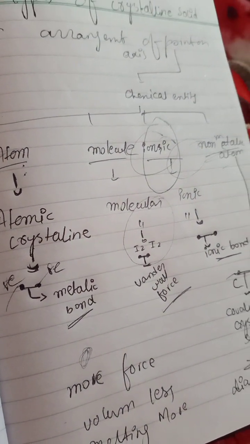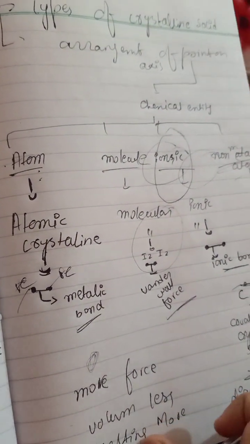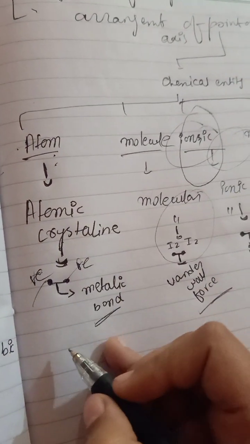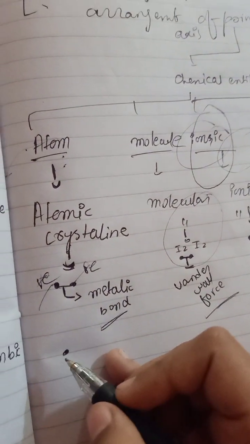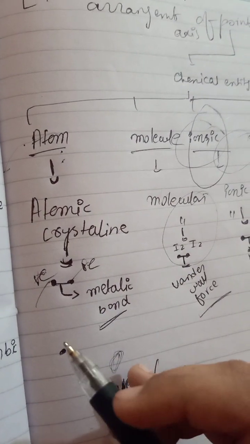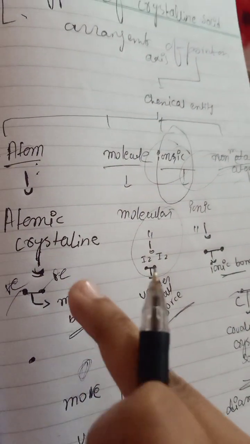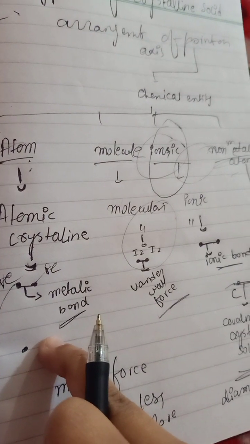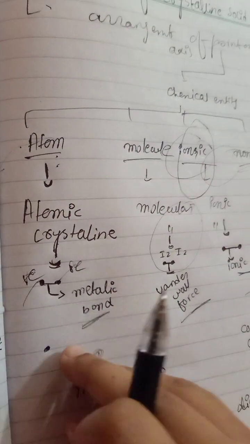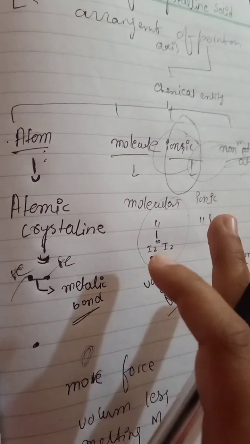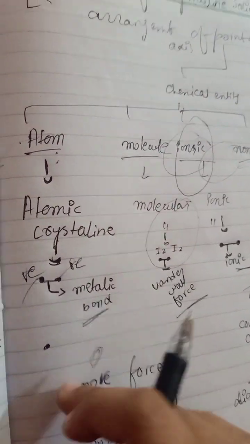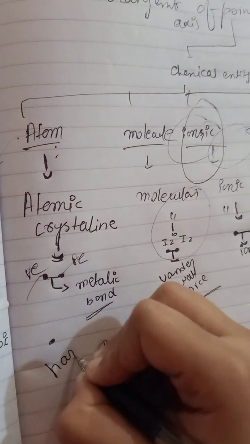If we talk about the non-metallic or metallic, the metallic crystal will have a metallic bond. They will be stronger among these all, just because of the sharing of electrons, and they will be hard.